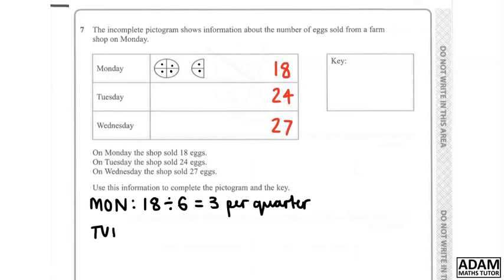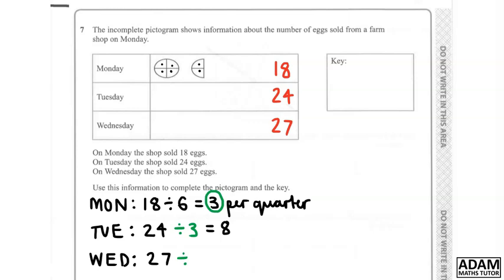Now that I know that, I can work out how many quarters are required for Tuesday and Wednesday. So 24 divided by 3 is equal to 8 quarters, and 27 divided by 3 is equal to 9 quarters.